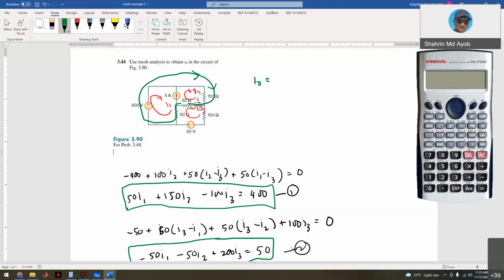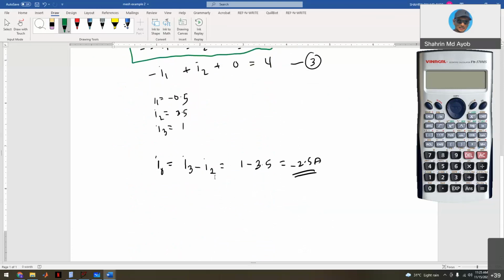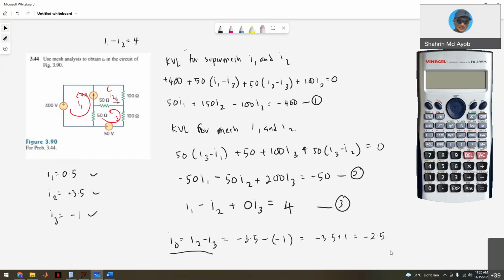Based on IO right now and your mesh current direction that you assume, IO is in the same direction, which equals I3 minus I2, right? So I3 minus I2. Same, you will obtain that IO is negative 2.5. If I use anti-clockwise also, I will obtain my IO is also negative 2.5.